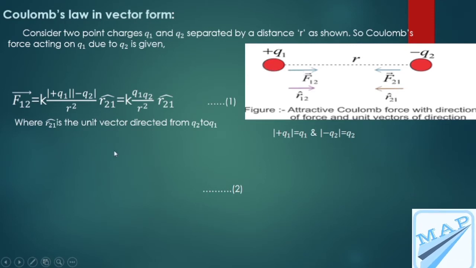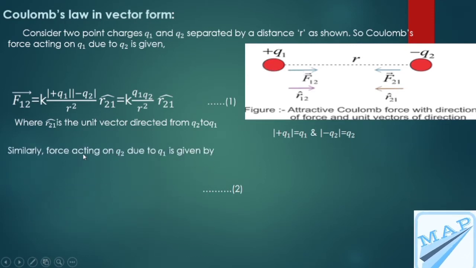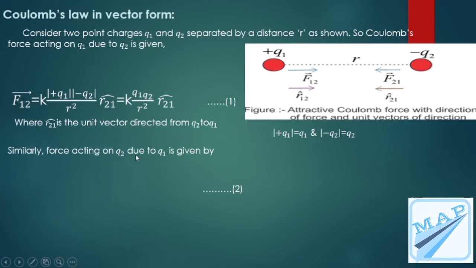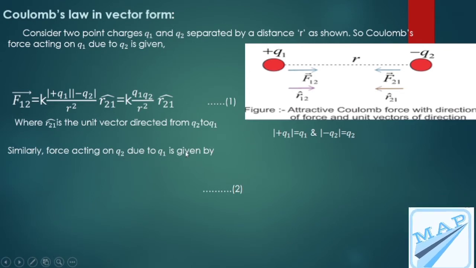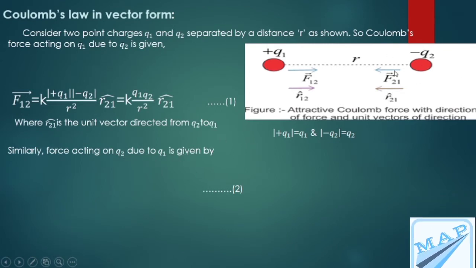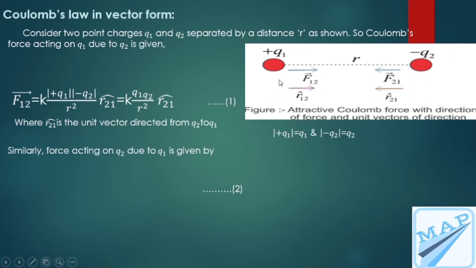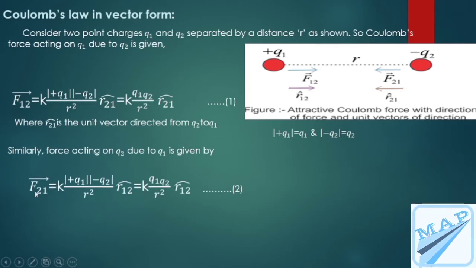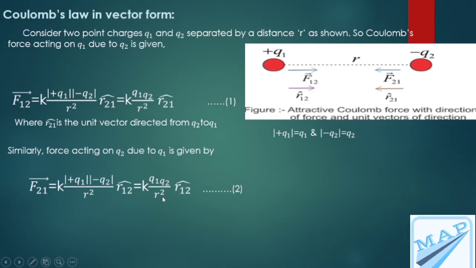Similarly, the force acting on q2 due to q1 is given by the force on q2. You can see in the pictorial graph the force on q2 due to q1, and you will write force vector F21, the force on 2 due to 1, is equal to k q1 q2 upon r square r12 cap.